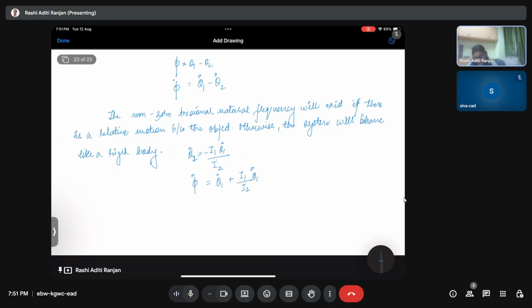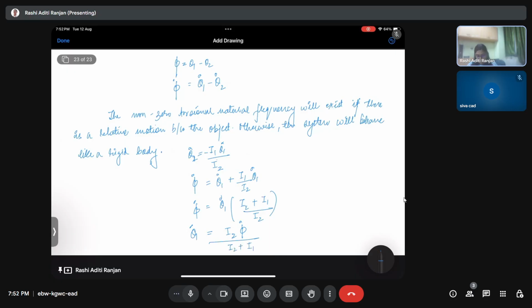So from here we get phi dot is equal to theta 1 dot into I2 plus I1 by I2. This implies theta 1 dot is nothing but I2 phi dot divided by I2 plus I1.